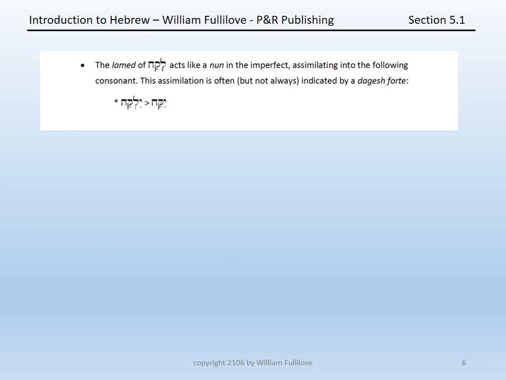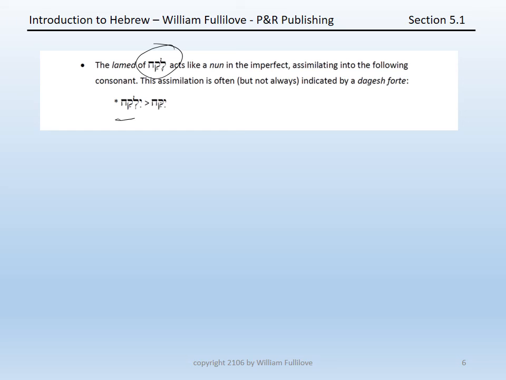Second, in the common verb laqach, glossed as to take, the lamed of laqach in the imperfect acts as a nun in the sense that it assimilates into the following consonant. It is not always the case, but it is common that that assimilation will then be indicated by a dagesh forte.